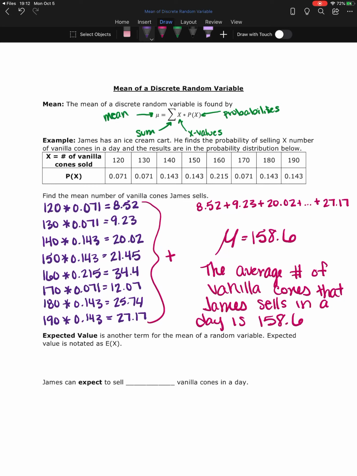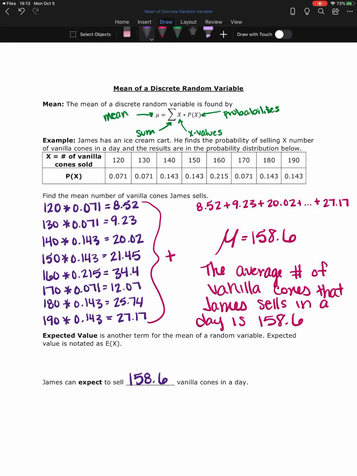So instead of saying that the average number of cones that James sells in a day is 158.6, we would say that James can expect to sell 158.6 vanilla cones in a day. On average. There really should be an on average in there somewhere because it is still an average.